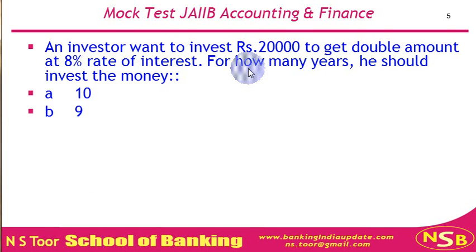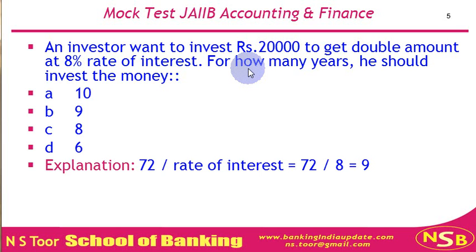And our answer options are, let us see which option shall be correct. Rule of 72: 72 divided by the rate of interest. The rate of interest is given as 8%. 72 divided by 8 is 9 years. 9 years is our answer.